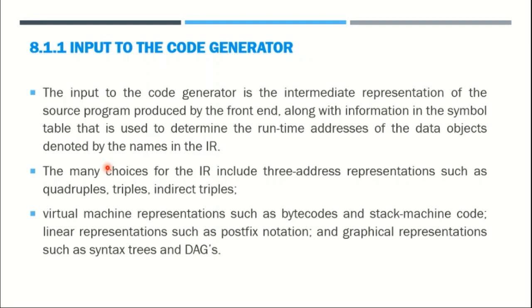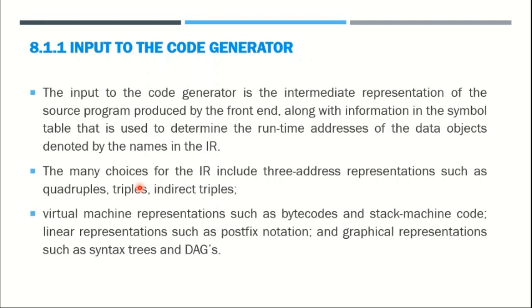The intermediate representation of the code is given as input to the code generator to run that code at execution time. With the help of symbol table information, it can collect the values of the objects denoted by the IR representation. There are many choices for the intermediate representation, such as three address code.